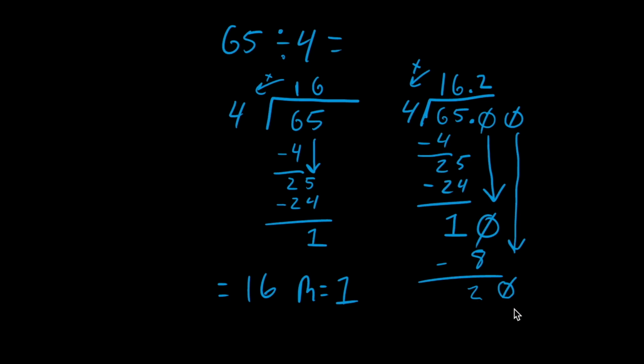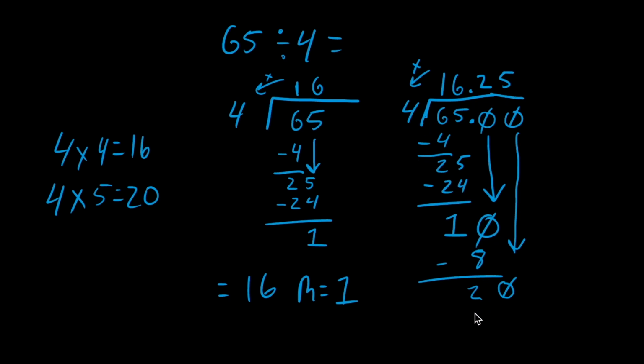Now, how many times? 5. Because 4 times 4 is 16. 4 times 5 is 20. So you can fit 4 5 times in 20. So I'll write the 5 up here. 5 times 4 is 20. And your remainder is 0. And so your answer is 16.25. Easy.